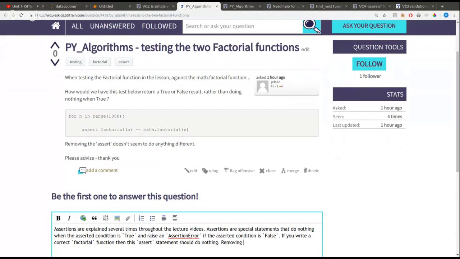Removing the assertion will result in the cell returning True. If your factorial function is wrong, then the assert statement will raise an assertion error.